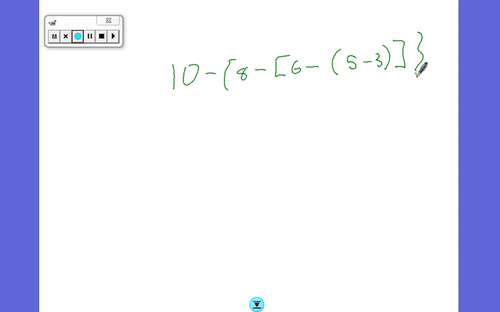What do you do when you have multiple symbols of inclusion? Because they're all parentheses, technically. Use the inner parentheses first. You work from in to out. So start with the parentheses: 5 minus 3. Like last time, I'm going to rewrite everything.